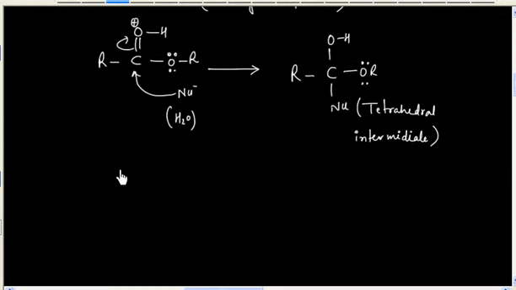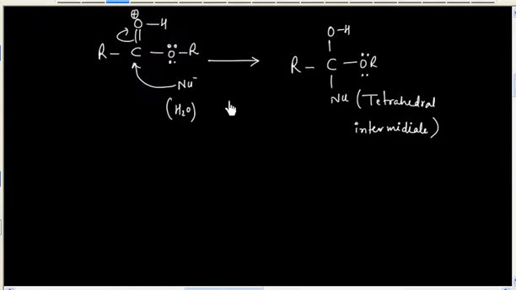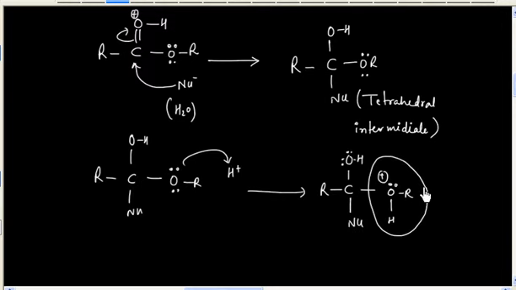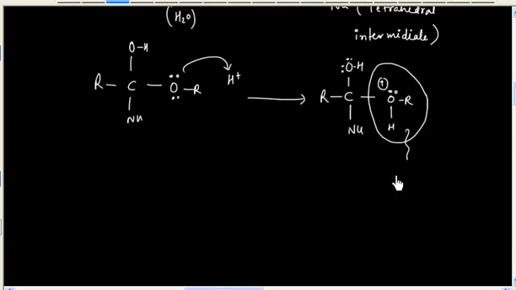Now in the next step, we can protonate this oxygen and then we can lose ROH. So now this becomes a good leaving group. So ROH is a good leaving group.